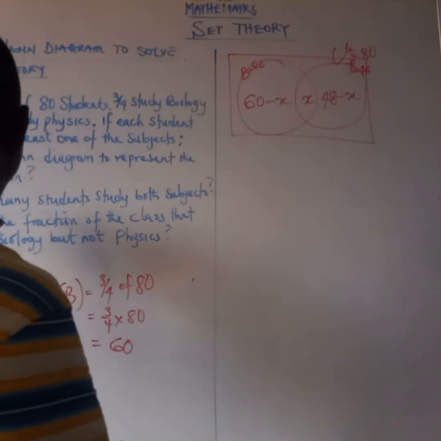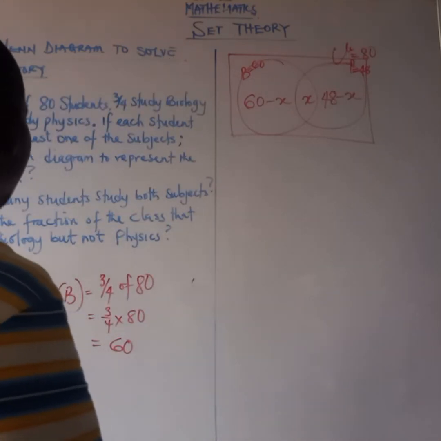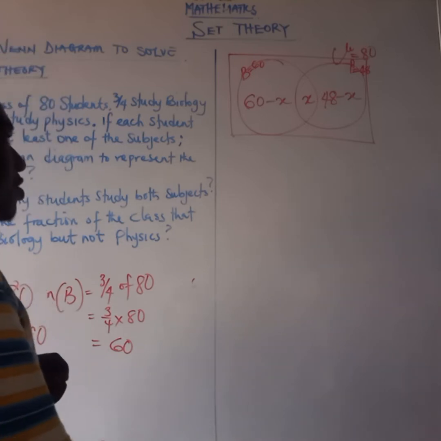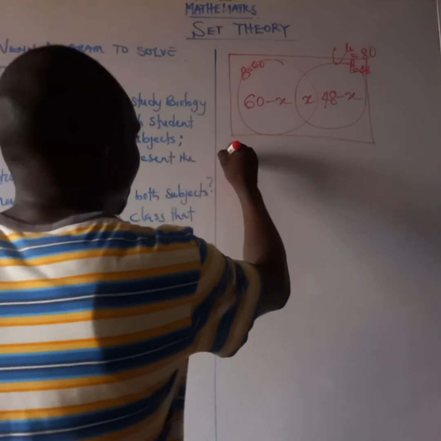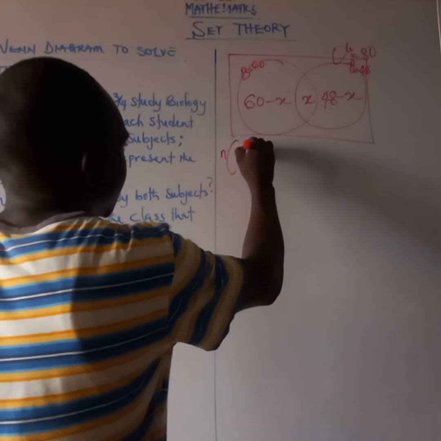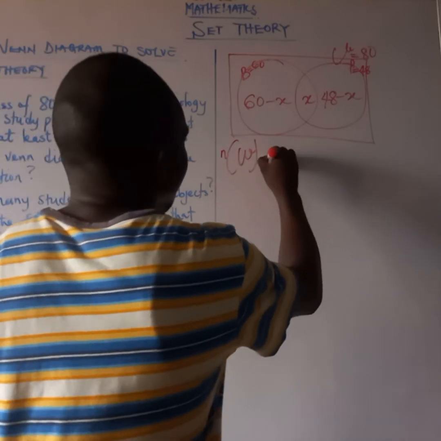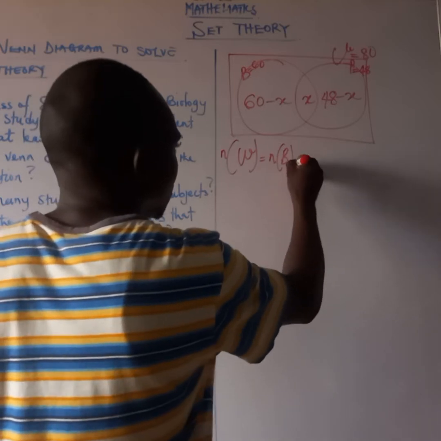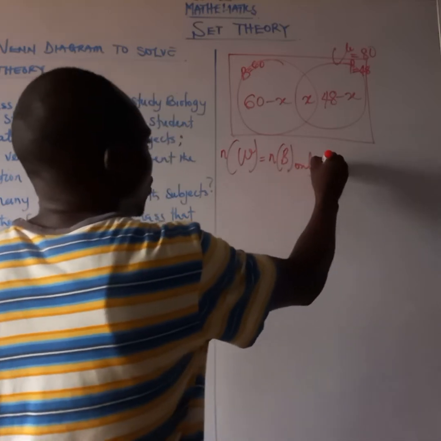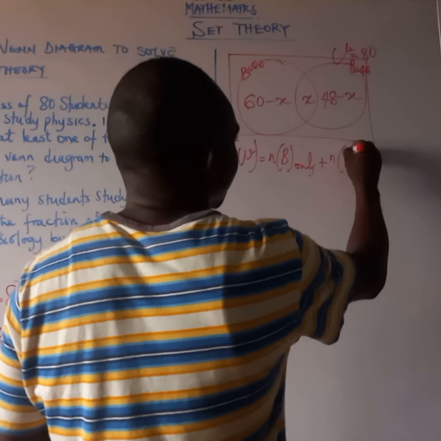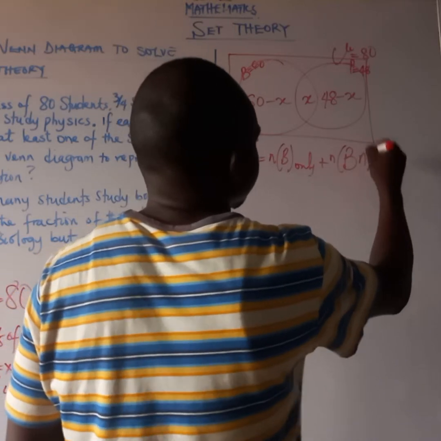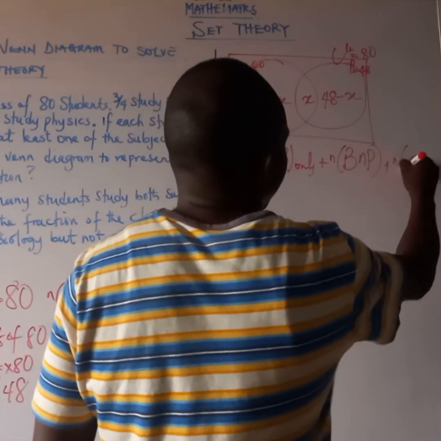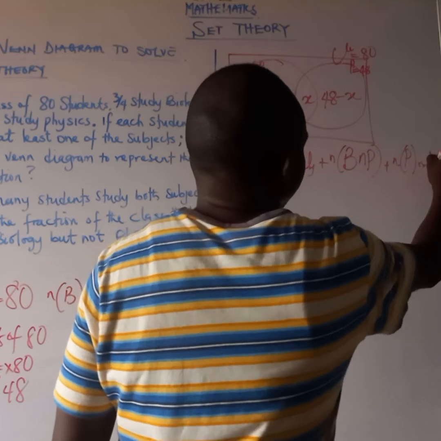The question says, that's question B, how many students study both subjects? To do that, the number of universal is equal to the number of biology only plus the number of biology and physics plus the number of physics only.